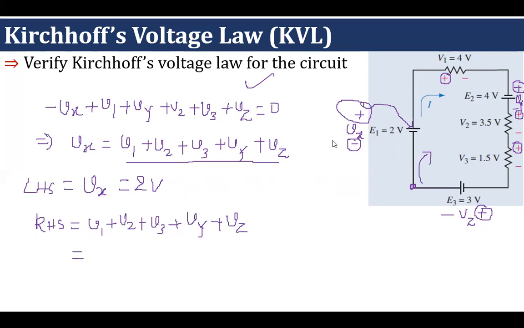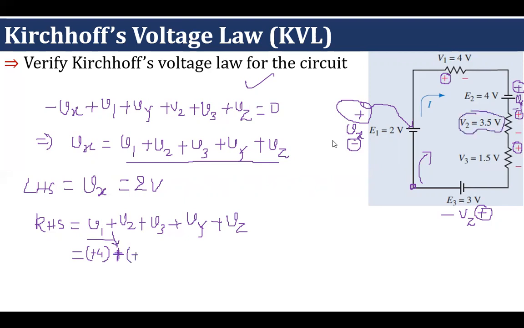Okay, so what is the value of V1? So V1 equal to 4 volt, the measurement is already given, and this is plus 4 volt, so plus 4 volt I am writing over here. This plus sign is from the KVL equation, so we do not have to change it. So this plus sign I am going to put over here. What is the value of V2? So the V2 voltage is already given, and it is equal to plus 3.5.